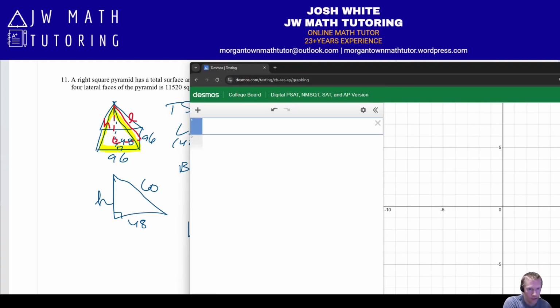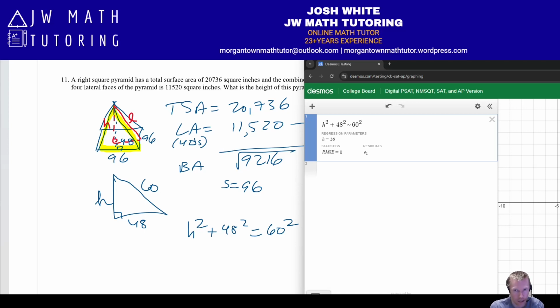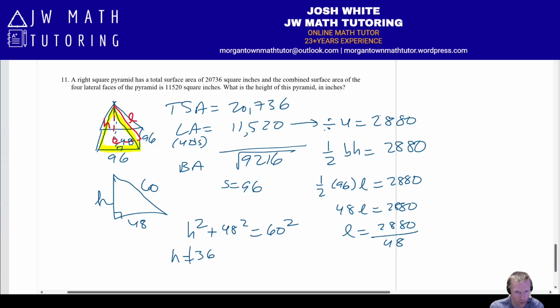Slide this over so we can see it. Okay, h squared plus 48 squared tilde 60 squared. All right, I get the height equaling 36. So that would be your correct answer for the problem. Technically 36 inches, but 36 obviously is all you would type in.